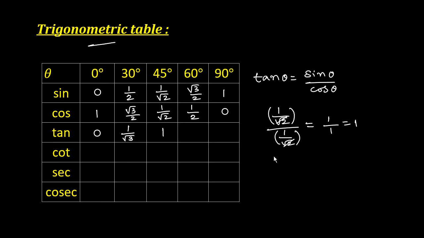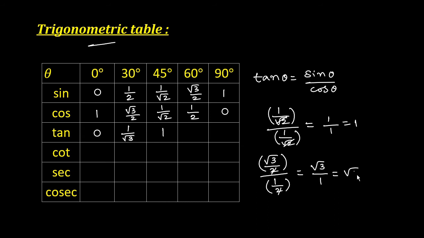Now to find tan 60, it is the ratio of sin 60 and cos 60. Sin 60 is root 3 by 2 divided by cos 60 which is 1 by 2. The denominator 2 gets cancelled. The remaining is root 3 in the numerator and 1 in the denominator.